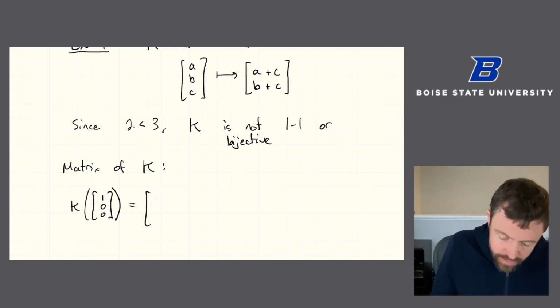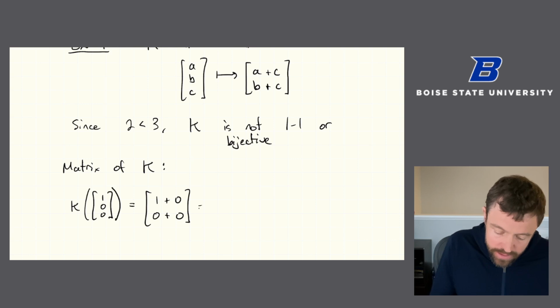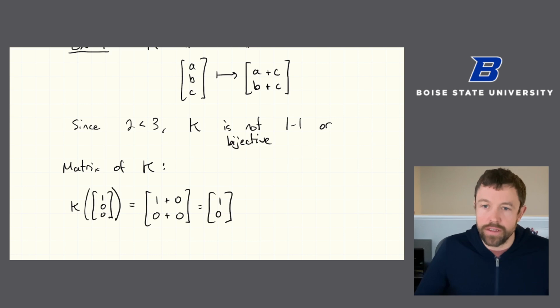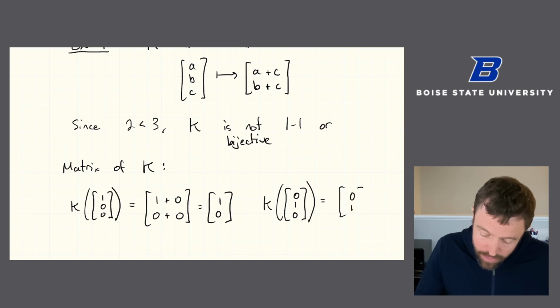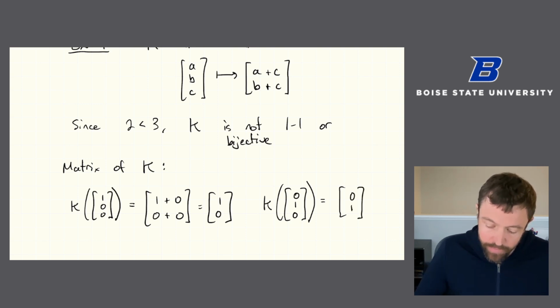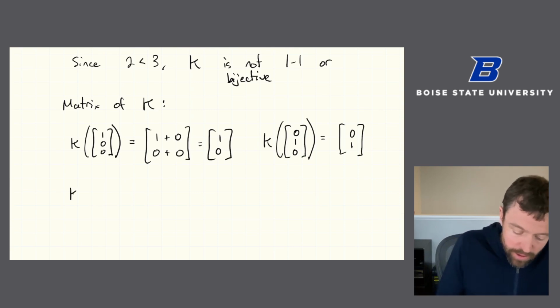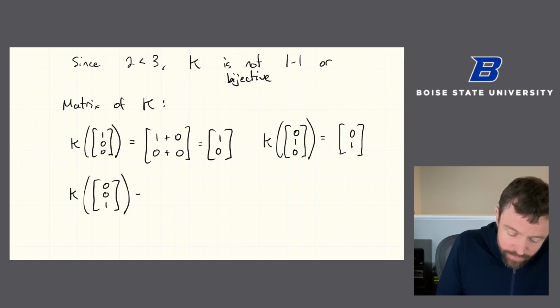Well, A is 1, C is 0, B is 0, C is 0. So K of 1, 0, 0 is 1, 0. And similarly, K of 0, 1, 0, if we plug in the second standard basis vector, by the same process we get 0, 1. And finally, if we plug in the third standard basis vector, we get 1, 1.